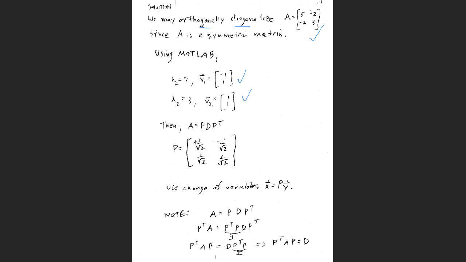And the matrix A will equal P times D times P transpose, where P consists of the normalized eigenvectors V1 and V2, and D, incidentally, I guess I didn't write that down, but D is going to consist of, well, let's see.